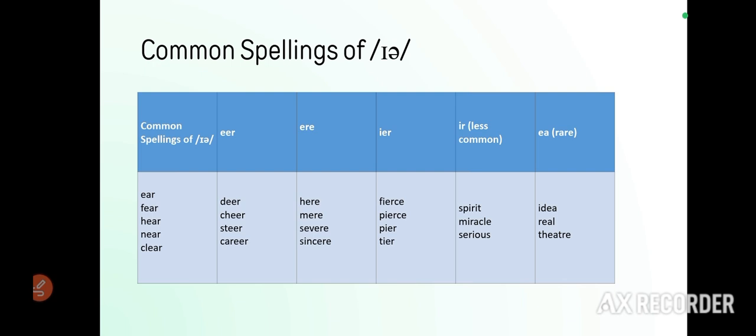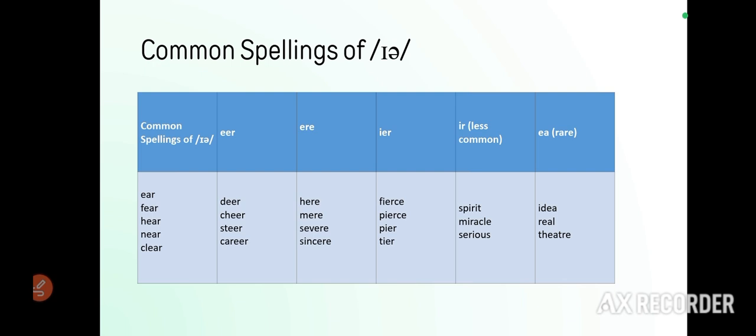It can be spelled as EA, and we can see it in words like ear, here, near, clear. It can be spelled as EER in dear, cheer, steer, career.